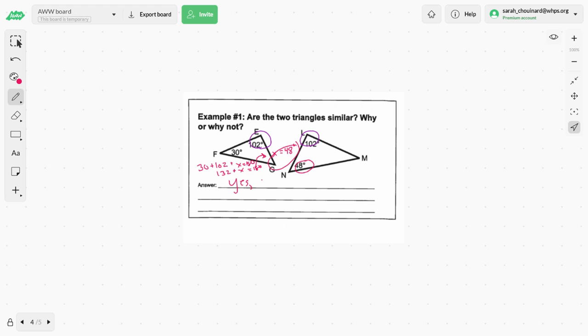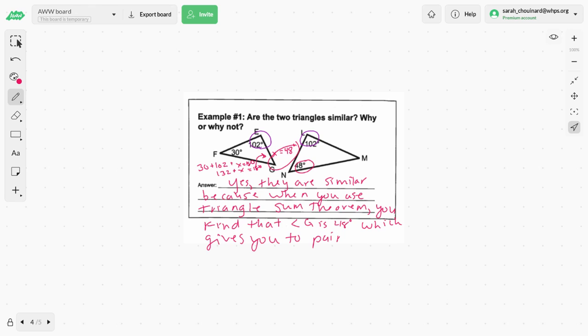So yes, they are similar, because when you use triangle sum theorem, you find that angle G is 48 degrees, which gives you two pairs of congruent angles.